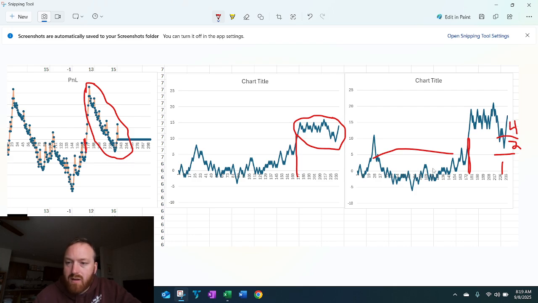And I think that this is better because at a certain point, it is all about protecting your account. And this chart on the left is not necessarily interested in that. It's more so interested in just the trade by trade basis, where this account on the right has rules for position sizing based on the account value.